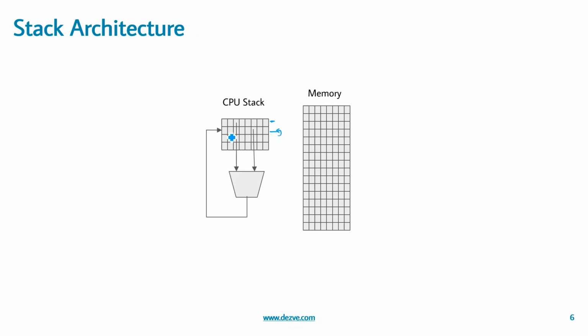The stack is basically a last in first out kind of structure. If we have these two operands, we pop them, so our stack pointer is currently pointing here. We operate on the operands and the result is pushed back onto this location.